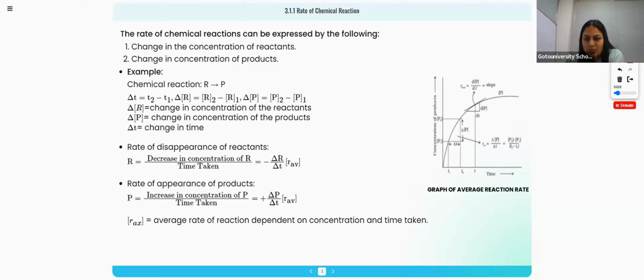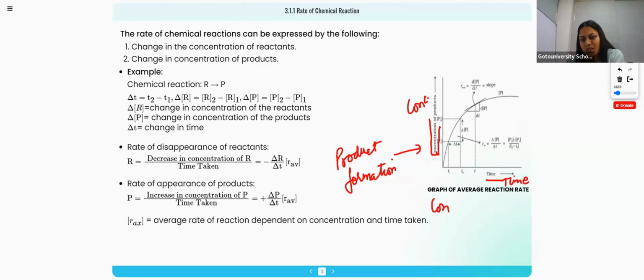This is a graph of product formation, where you can see that on this side we have taken the concentration and this is time on the x-axis. So this is basically a concentration versus time graph, right?